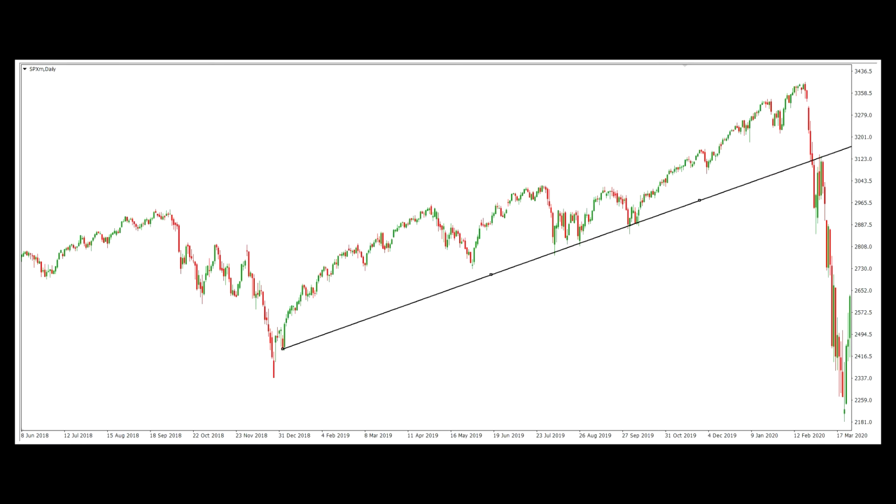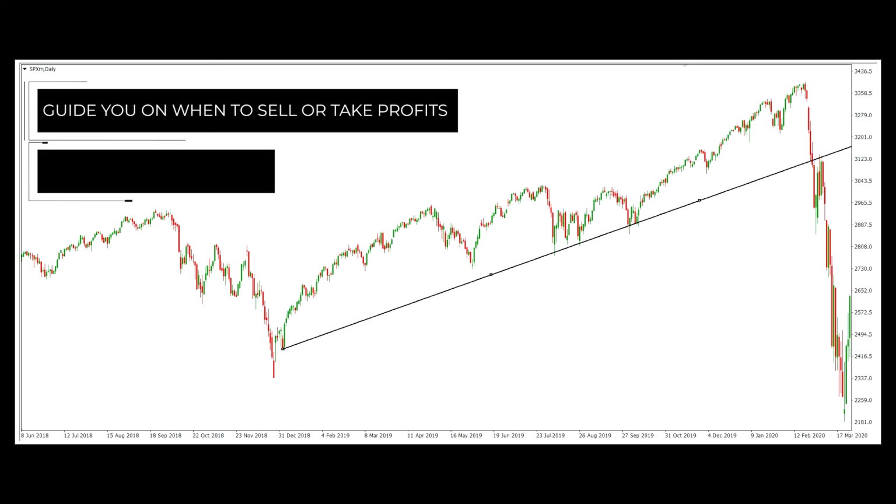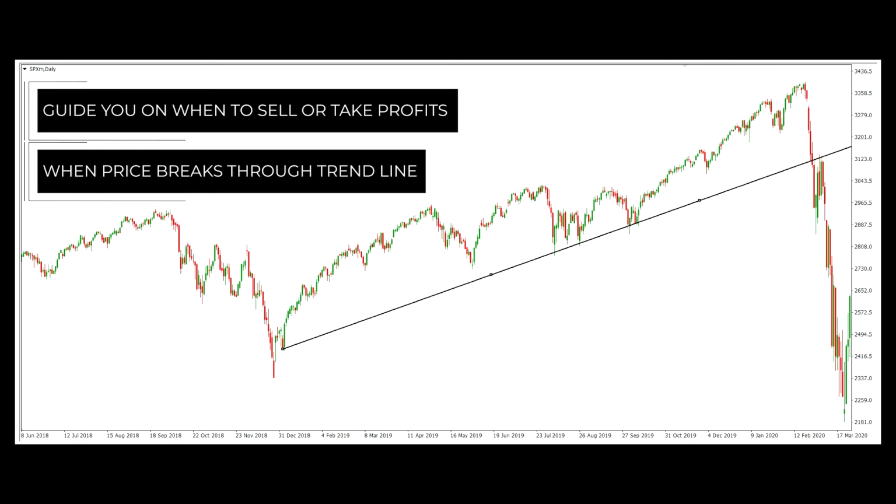Another benefit of utilizing trend lines is it guides you on when to sell or take profit when the price breaks through that trend line. You can see here that I drew a trend line here, extended all the way out. So you basically would be still in this trade until it breaks this trend line, right here.